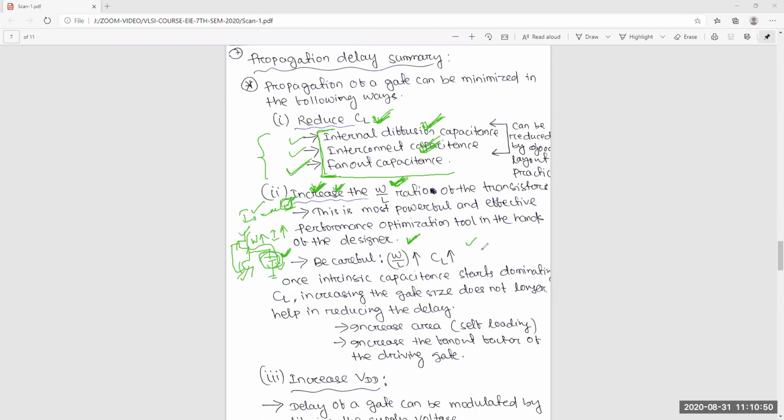But simultaneously, if you increase the W value of the transistors, then your oxide capacitances, the intrinsic capacitances, will increase. What about the overlap capacitance? Everything will increase. So finally, again, you will not get that performance. So it will create self-loading. If you increase more and more W/L, it will create self-loading, and it also affects the fan-out factor of the previous gate.